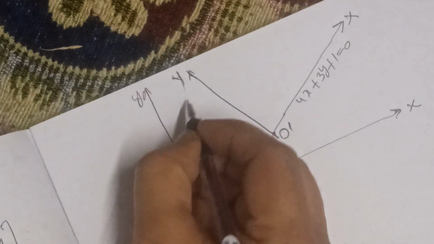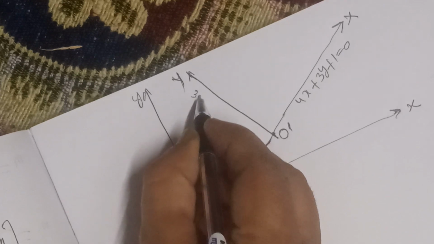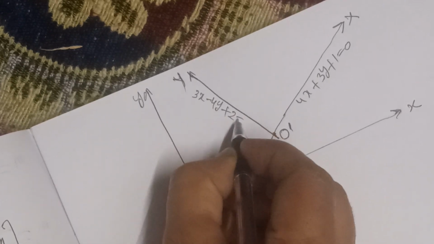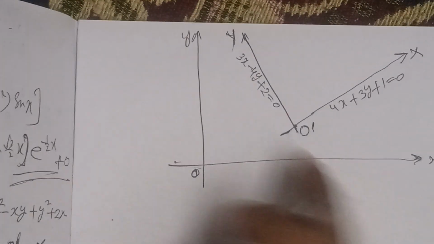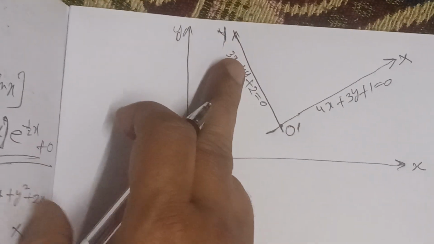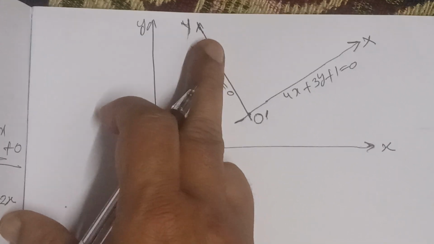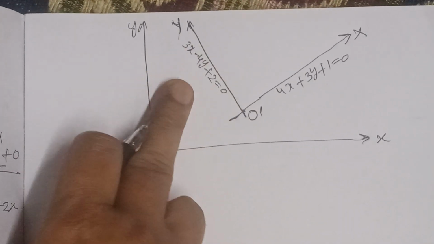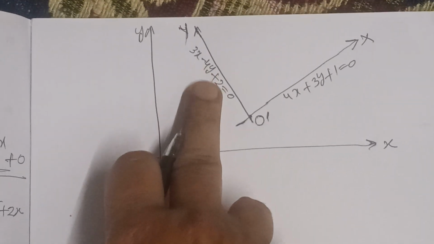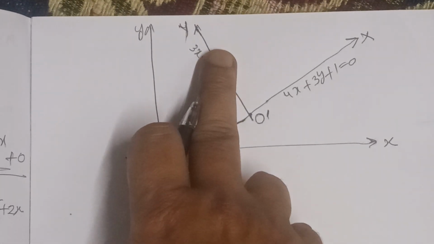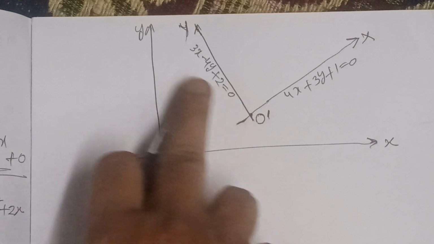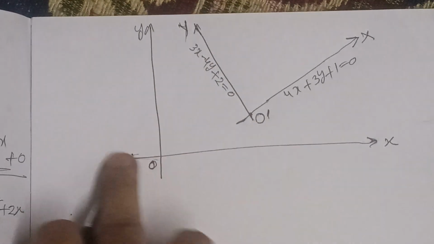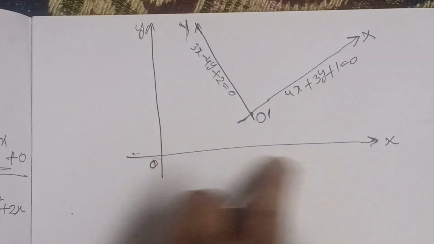And this is the equation of y axis in new coordinate system. But this equation is in original or old coordinate system, means small x small y. This is equation of y axis of new coordinate system, but with respect to old, means original coordinate system.